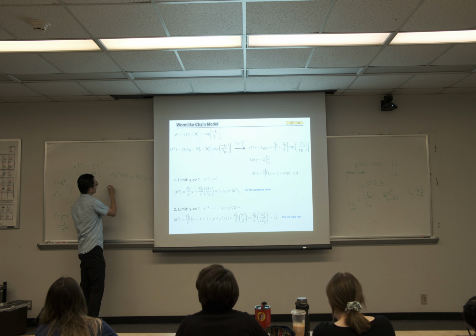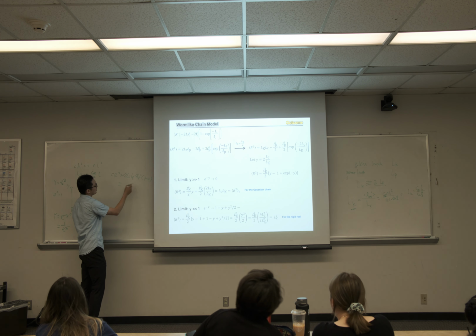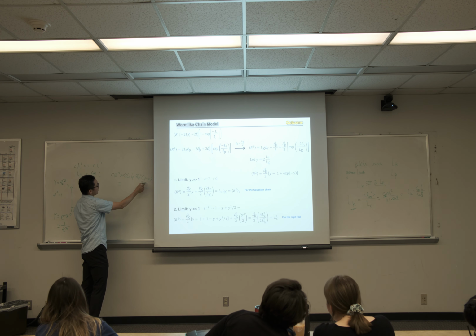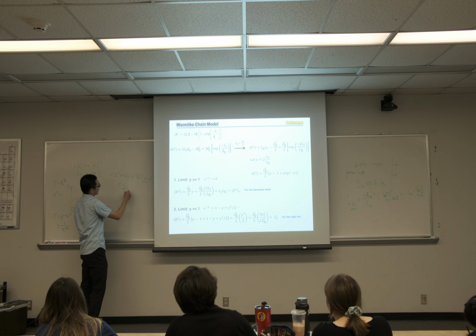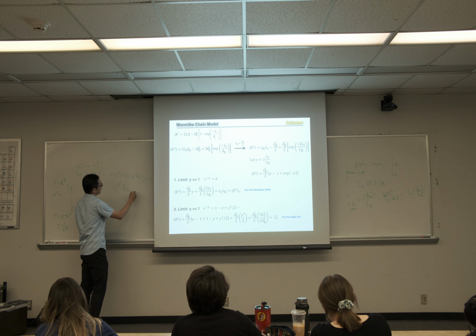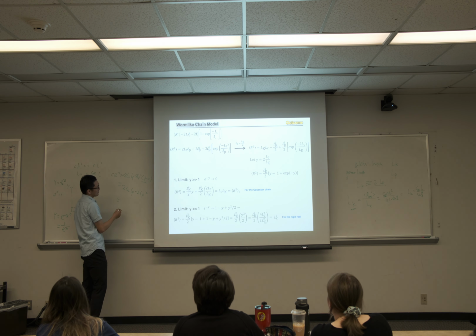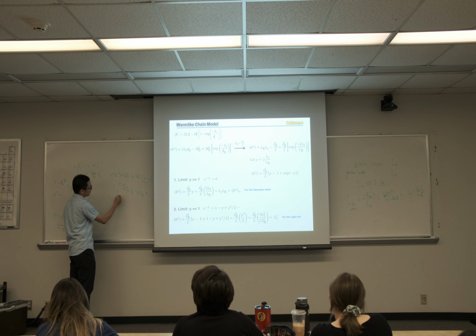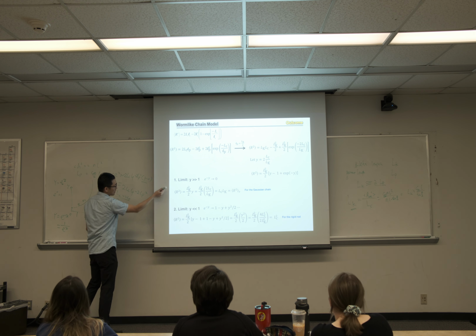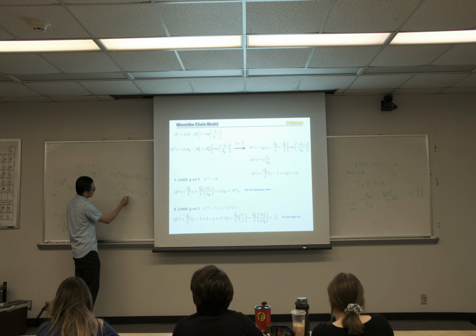So 1 minus 0 is 1, and you basically get 2LC LP minus 2LP squared. This we can further simplify because contour length is much bigger than persistence length in an extremely flexible chain. So this term, LC, is going to be much bigger.